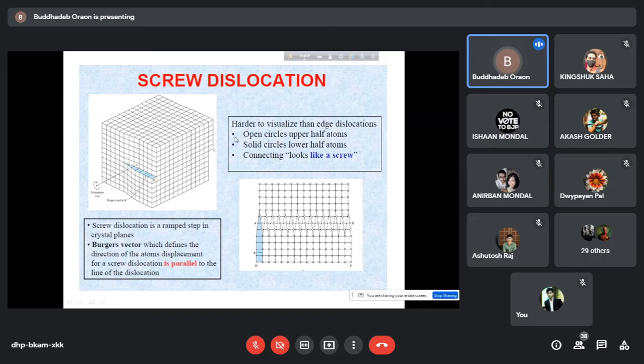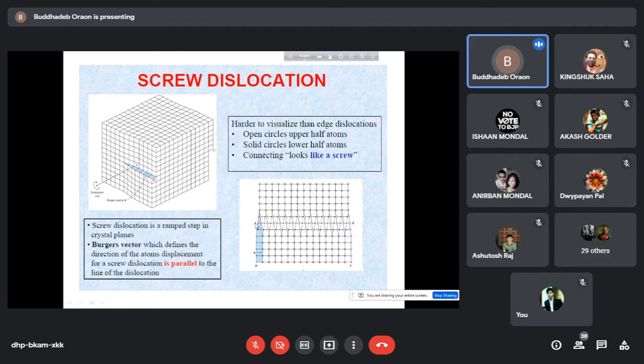It has been written like that: open circles denote the upper half atoms, the upper half of this top view, and solid circles denote the lower half. Although they have been drawn as very small dots, they indicate the lower half.